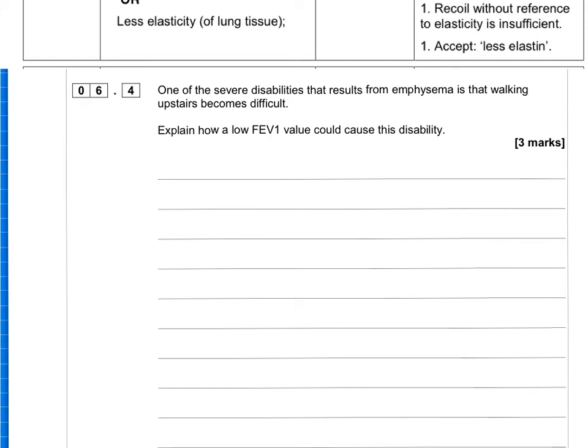Question 6.4 says one of the severe disabilities that results from emphysema is that walking upstairs becomes difficult, and asks you to explain how a low FEV1 could cause this disability. If you're finding it difficult to walk upstairs, there must be something going on in terms of oxygen uptake and respiration within the muscles.